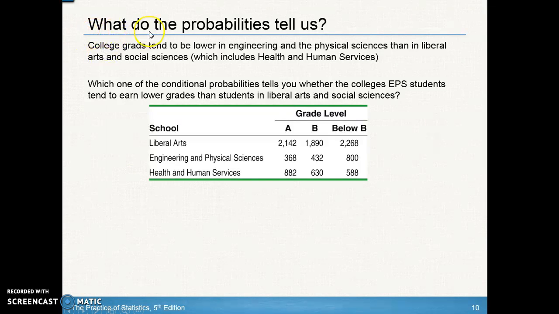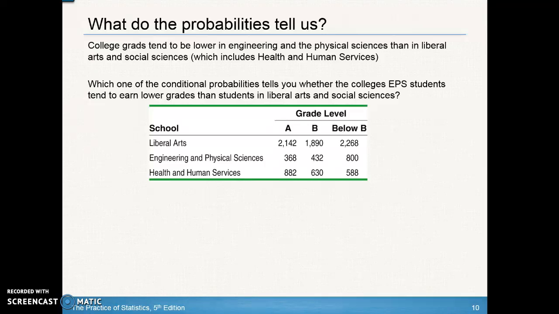So what exactly do the probabilities tell us? College grades tend to be lower in engineering and the physical sciences than in the liberal arts and social sciences, which includes health and human services. I'm sure you've heard that biology and engineering majors usually have lower grades than everybody else, and people argue that their classes are harder.